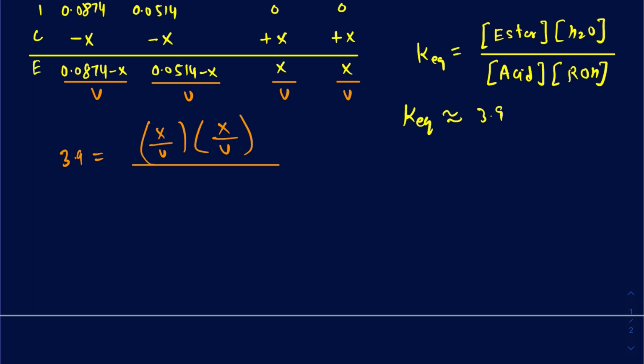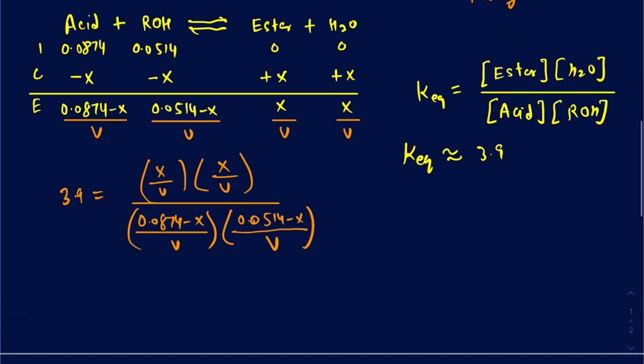And then the concentration of your acid is going to be 0.0874 minus X, and we're going to be dividing that by volume as well, and then 0.0514 minus X, divided by volume as well. So since you have the same number of reactants and products, and you have two volumes in the denominator and two volumes in the numerator, they would eventually cancel out. So that's why I said you don't really have to worry about taking the volume into consideration here, because they would eventually cancel out. So we could just worry about the moles only here.